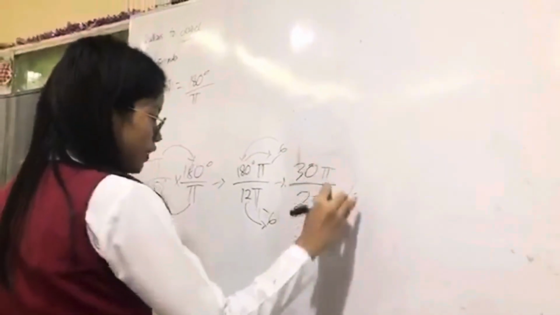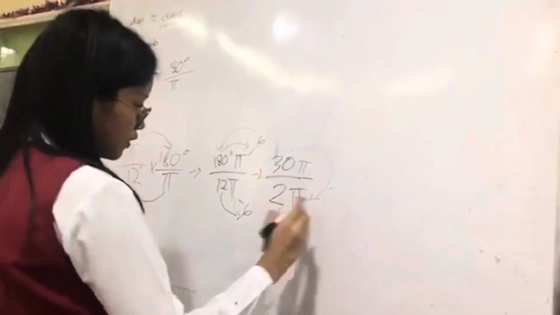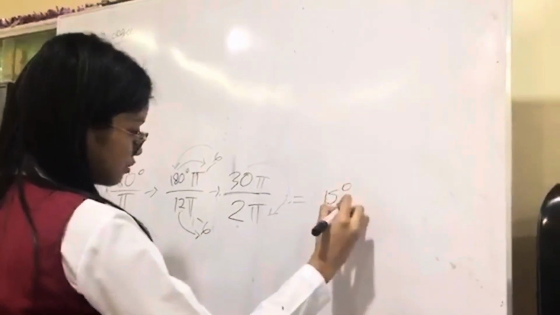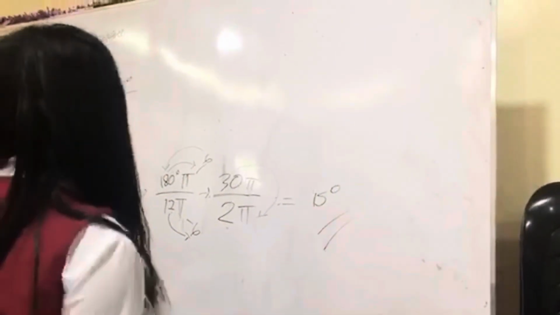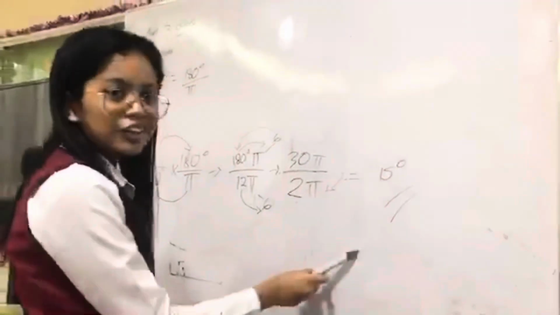Then now we have to divide these two together. 30 divided by 2 is equal to 15 degrees. And that's how you solve pi over 12 to degrees without any calculator at all.